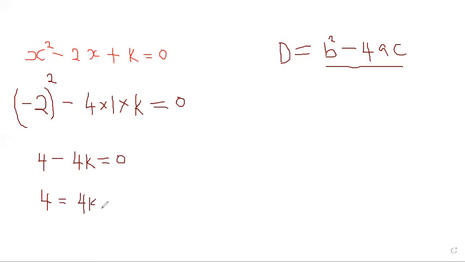And I'm sure from here you know what the answer will be. So my k will be 4 divided by 4, and that's 1. So this is what I'm looking for, just this, simple. With this knowledge, you can solve other questions on your own. That is the value of k using discriminants. So I think that is sufficient.